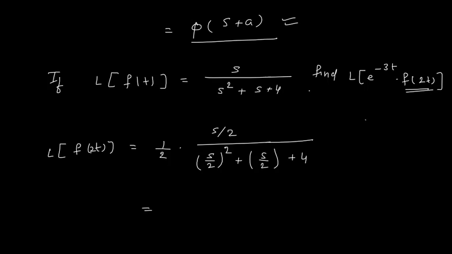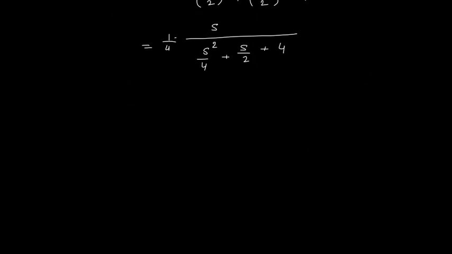Here we get this 1 by 2 and this s by 2, it will become 1 by 4 s, whole divided by, here in the denominator we have s square upon 4 plus s upon 2 plus 4.